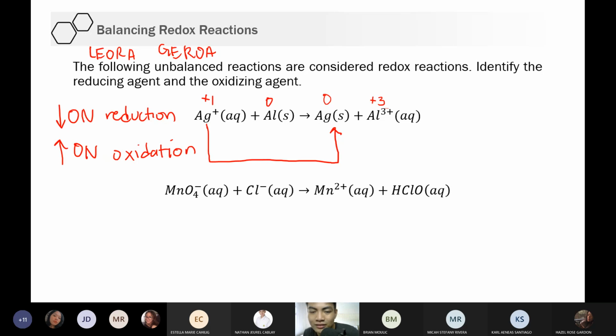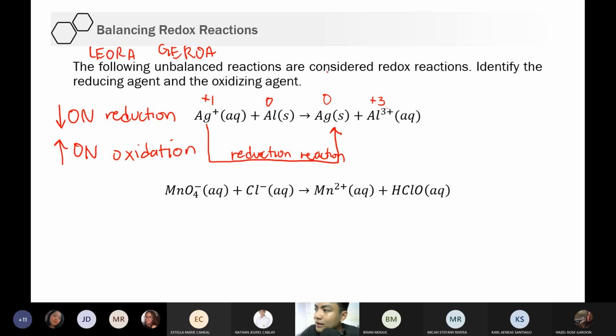Okay? Or 0. Yun yung dahilan bakit reduction tawag sa kanya. Because bumababa yung oxidation number. So, when the oxidation number decreases, the reaction is called reduction reaction. Okay? So, Ag plus to Ag0, it underwent reduction reaction.